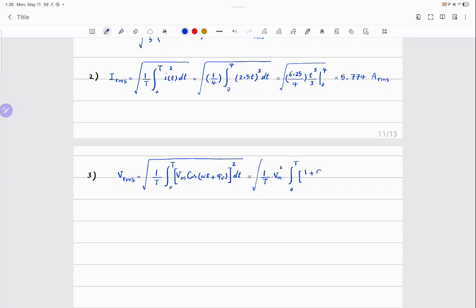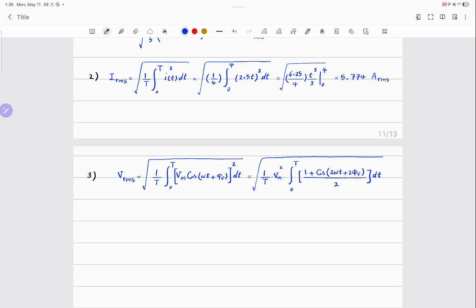1 plus cosine 2 omega t plus 2 phi v, divided by 2 dt. Okay? Now, I'm going to ask you something. Remember, I got rid of the squared. I changed the product to sum.